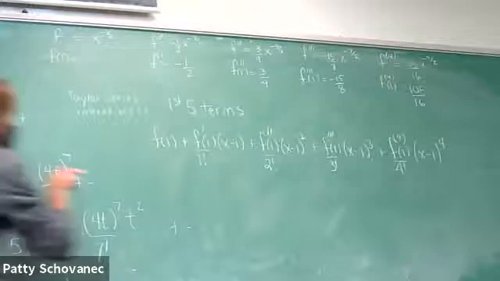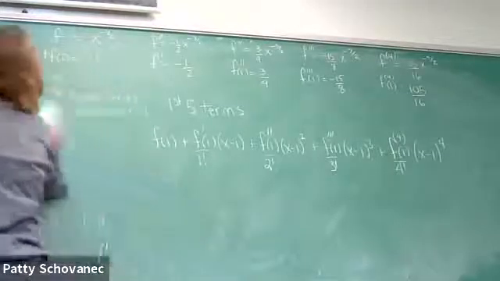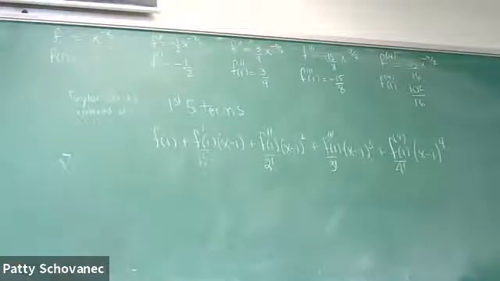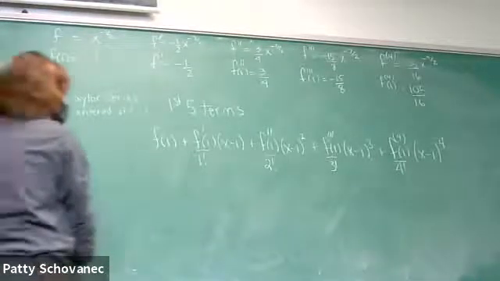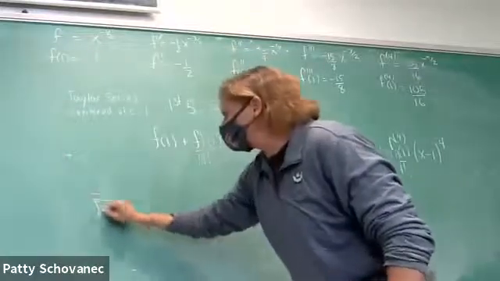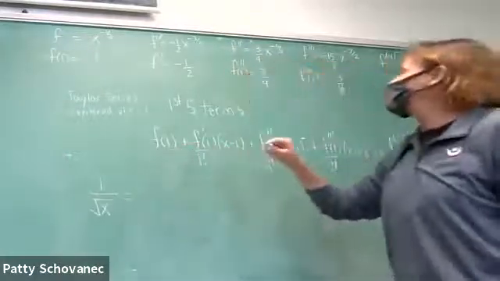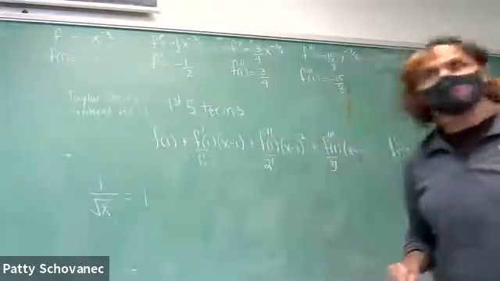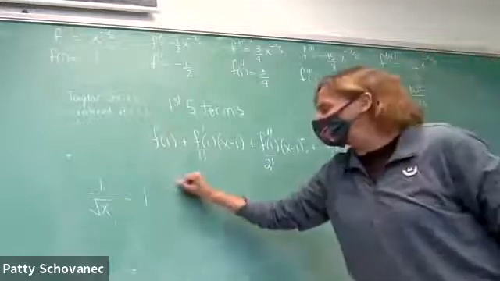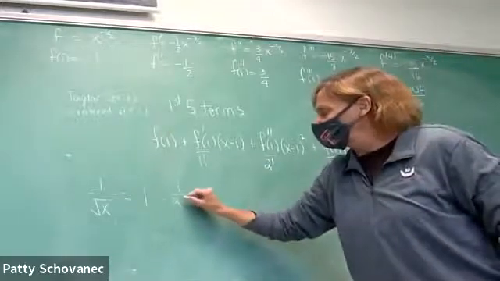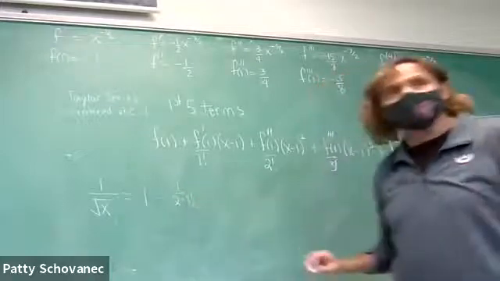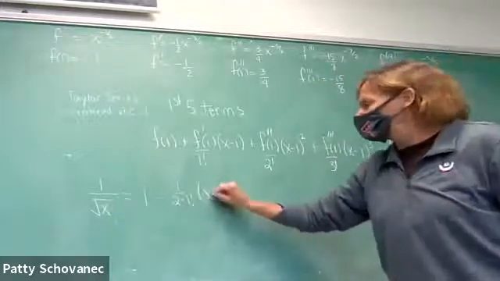And so now we're going to fill in the formula. And so 1 over the square root of x is going to look like f of 1, which was 1. Then I'm going to have minus 1/2 over 1 factorial, so we'll put the 1 factorial right there, times x minus 1.